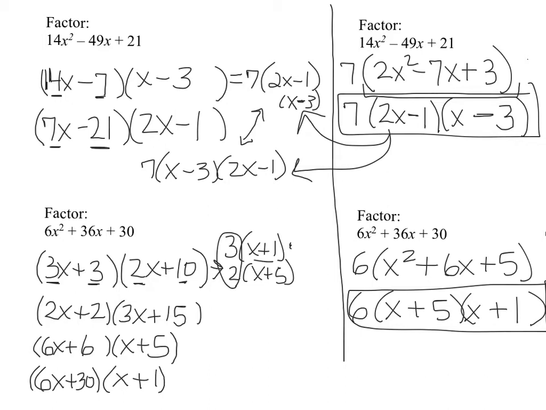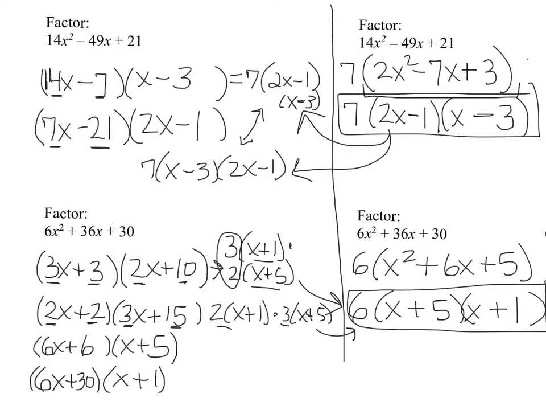And then you have that factor of x plus 1 and x plus 5, and that's what you would get right there. In the next one, you would pull out a 2, and you'd get that x plus 1. And then you pull out the 3, and you'd get that x plus 5. And if you put the 3 times 2 together, you're going to get that 6, and you're still left with the x plus 1 and the x plus 5.